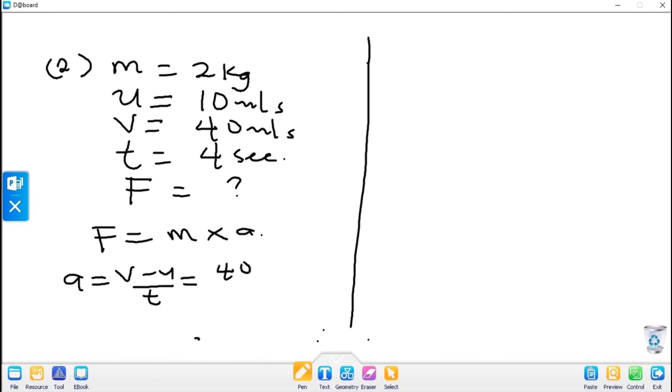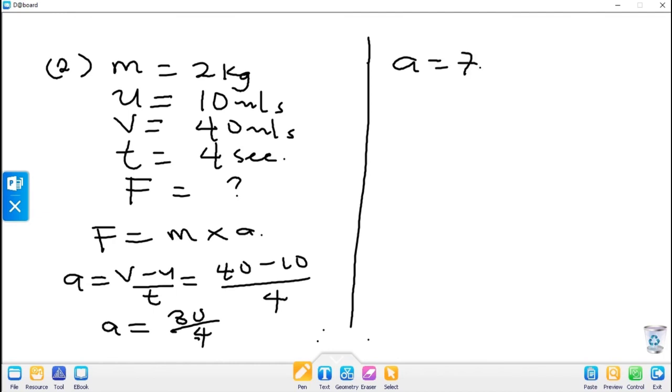So when you put the values, you're going to have 40 minus 10 all over 4. So our a in this case is 40 minus 10, which gives us 30, all over 4. Now when you divide 30 by 4, you're going to have 7.5. So my acceleration a is equal to 7.5 meters per second squared. Always endeavor to add your units.